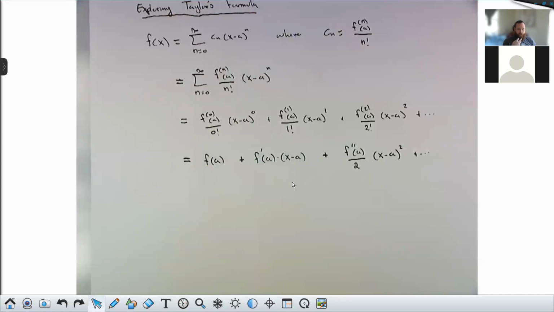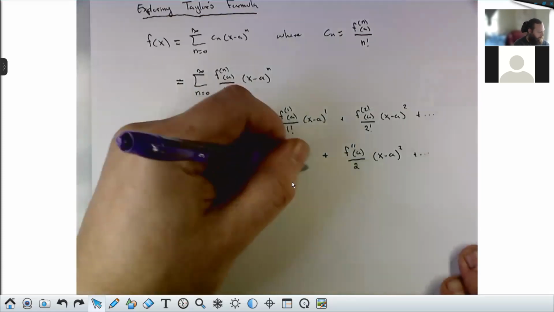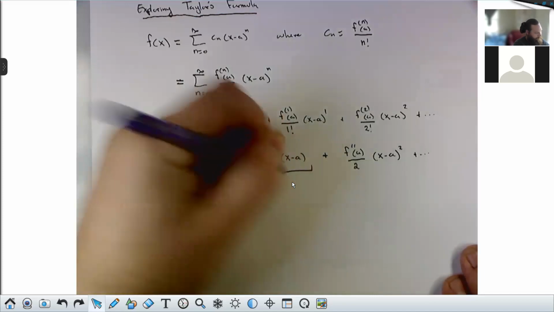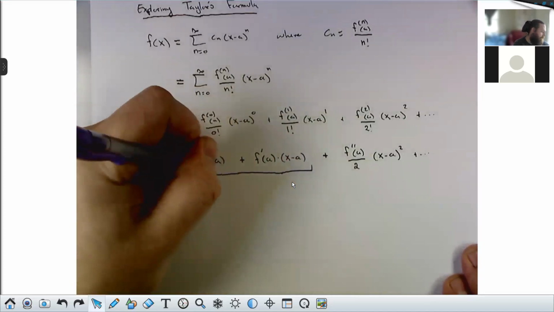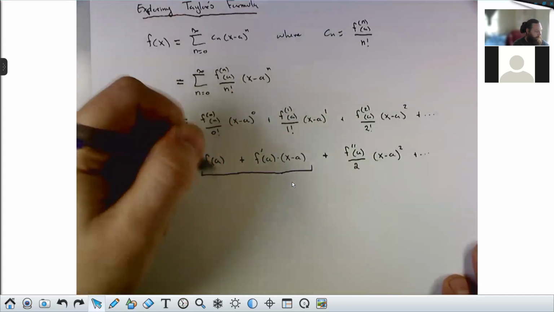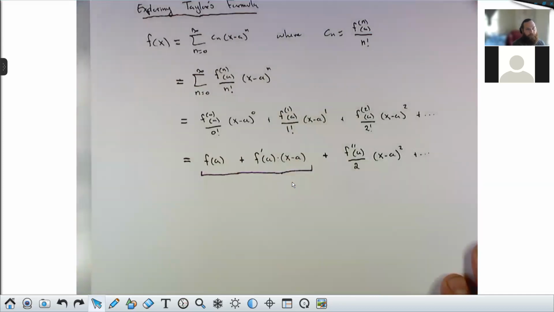Think simpler. This is the tangent line. Yeah, linearization, same thing.